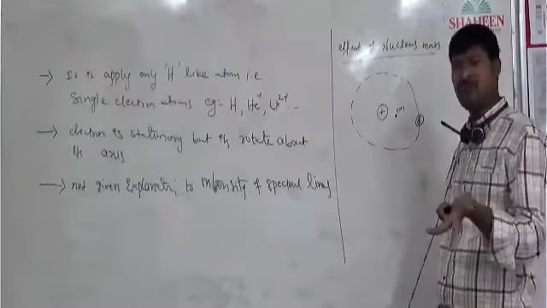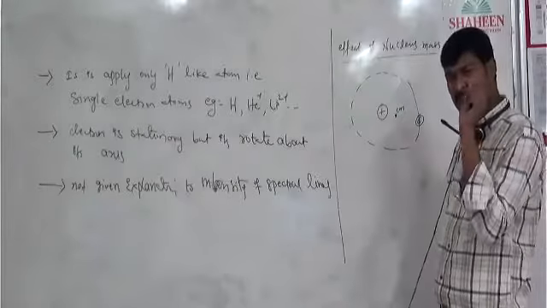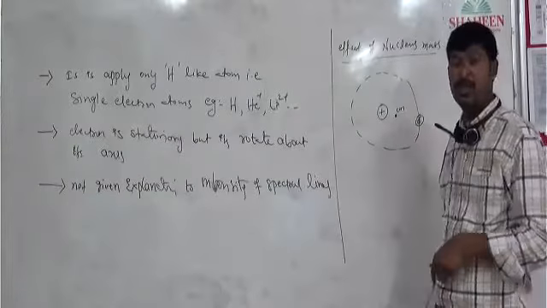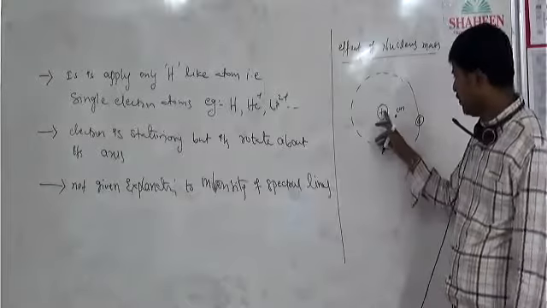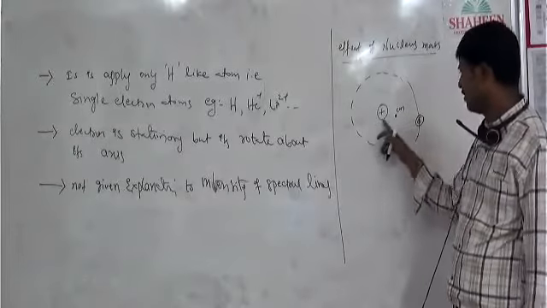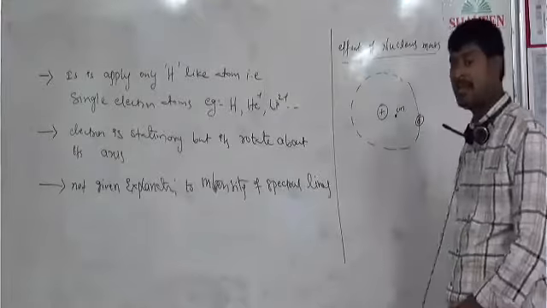So in the practical situation, we consider it revolves around the nucleus because the center of mass is close to the nucleus. But generally, the nucleus and electron revolve about their center of mass.